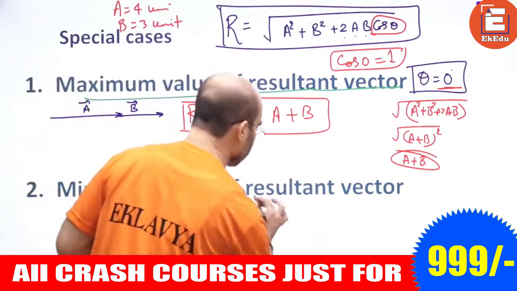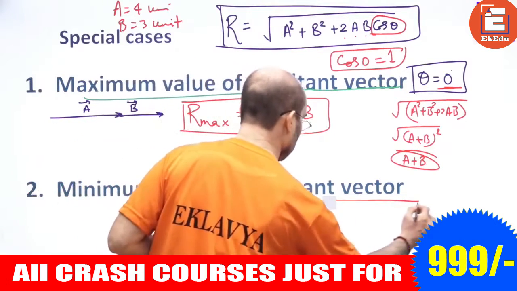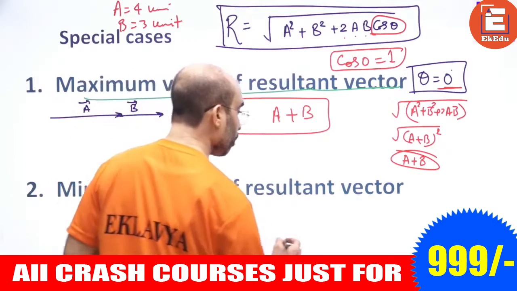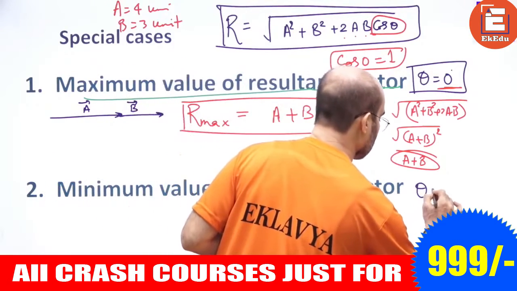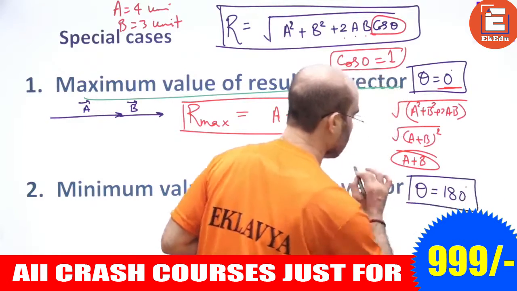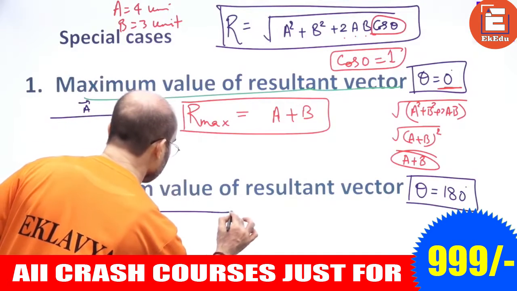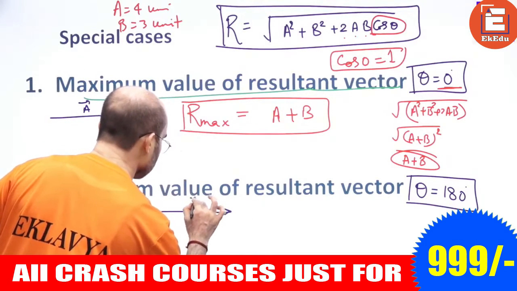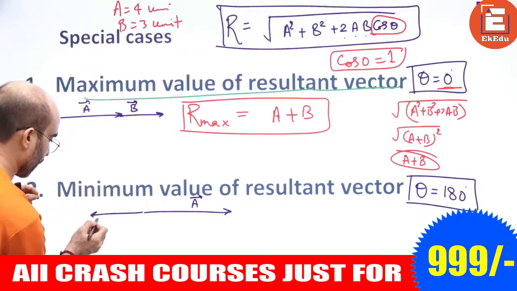Now, the minimum value of the resultant vector. Just have a look how this is going to be. This is going to be when theta equals 180 degree. That means if A is along this, B is in the opposite direction.